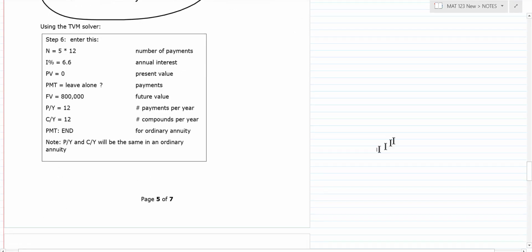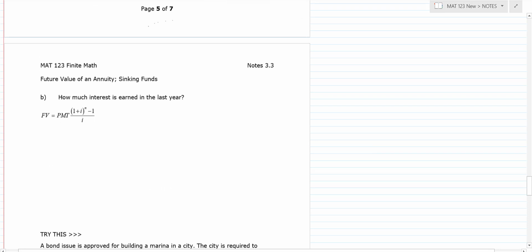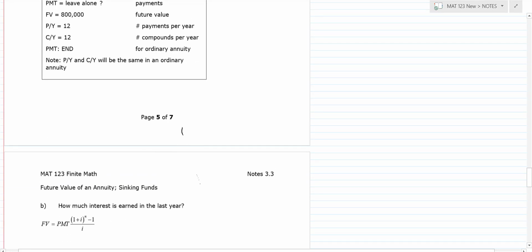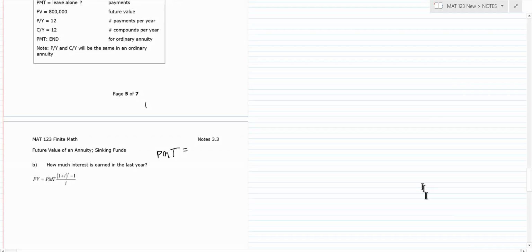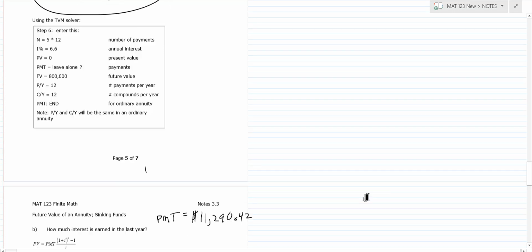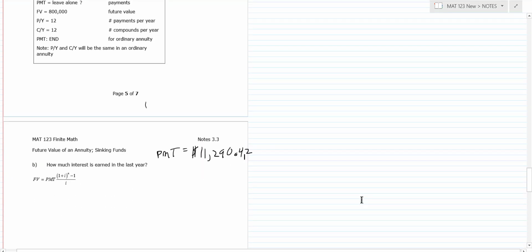Now on the next page, it says how much interest was earned in the last year. So we have to go through and do this. I'm going to write down the payment we got, $11,290.42.